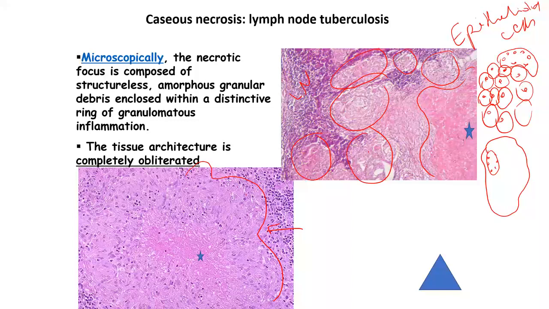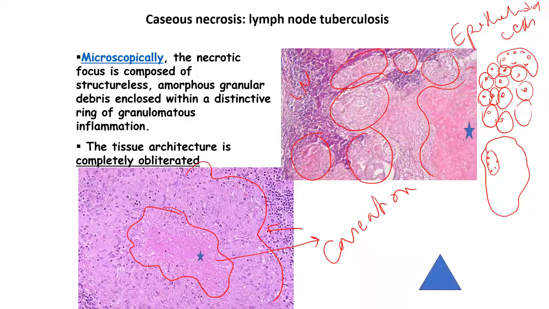They lost their outer membrane, it is not apparent, as if they are one mass like that. And in the center of these granulomas, you can find an area of granular amorphous eosinophilic material. This is the area of caseous necrosis or caseation.